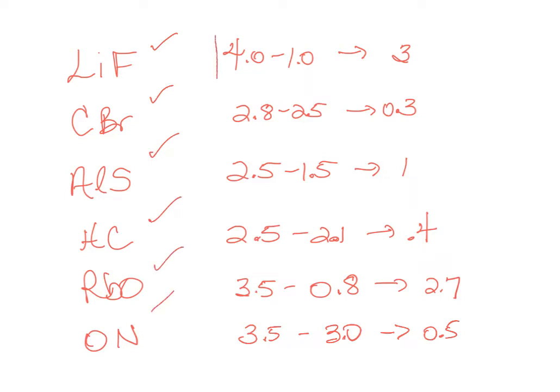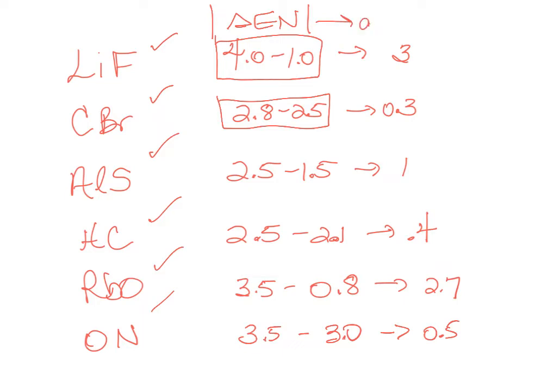I then looked at the table of electronegativity values and calculated the difference. Now I want to point out at this point, notice that I've always come up with a positive electronegativity difference. When you're looking for the difference in electronegativity, it's the absolute value of. In other words, just always positive, okay? So if you get a negative, just ignore it.